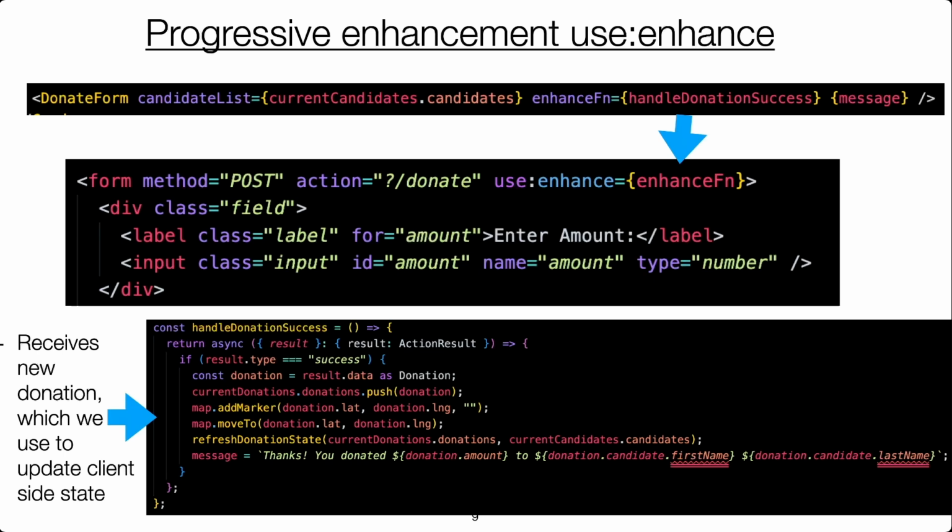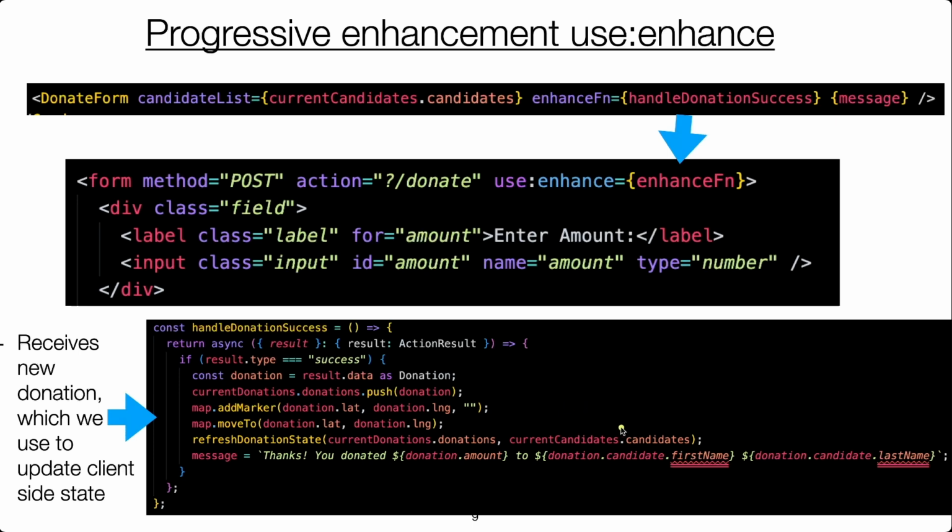So this looks a little bit obscure on first contact, but whenever we're making a donation, this function will be called if the donation succeeds. There won't be a page refresh, so we are manually updating the state, if you like, of our application here. That is, we are getting the donation back, putting it onto our current donations rune, adding markers to our maps, refreshing the donation state.